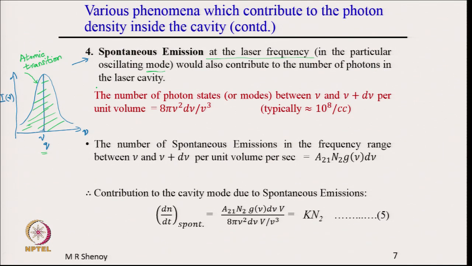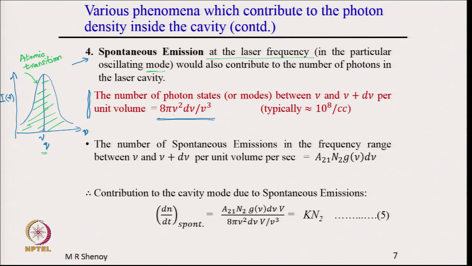Now, the number of photon states, or modes, between nu and nu plus d nu per unit volume is given by the expression 8 pi nu square by v cube, where v is c by n.